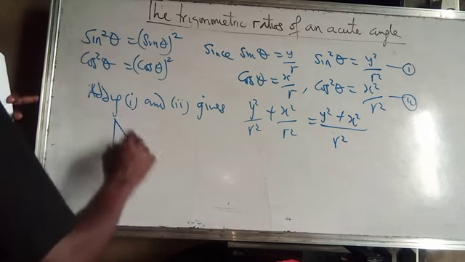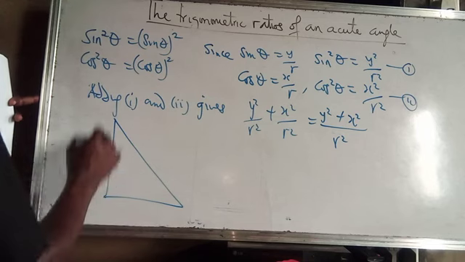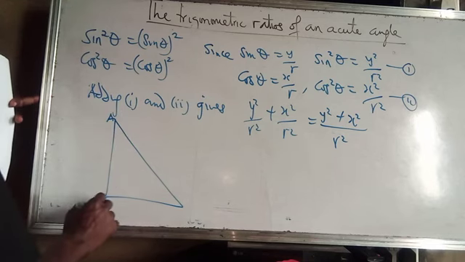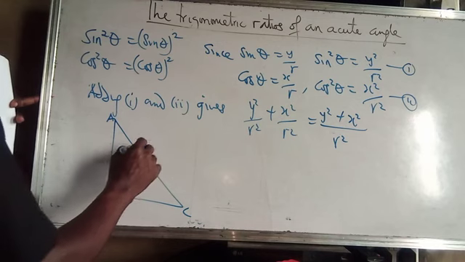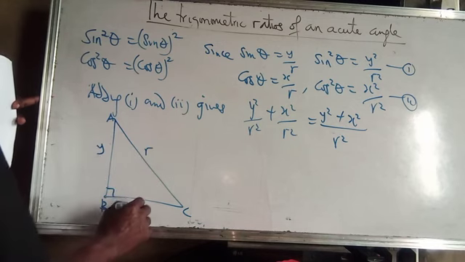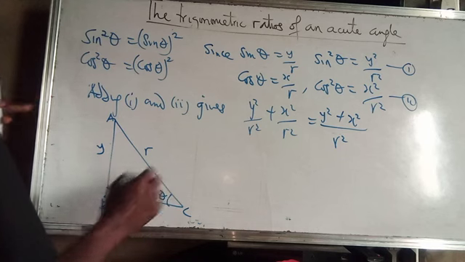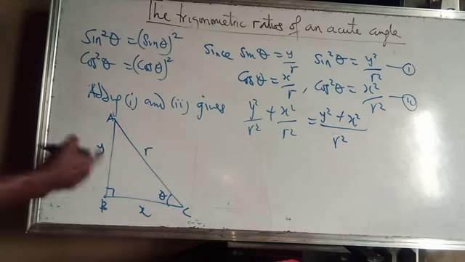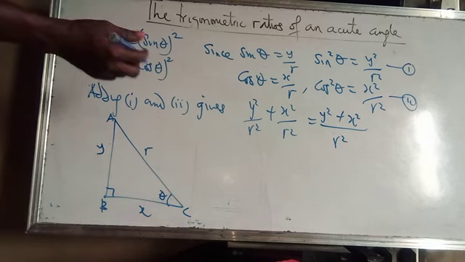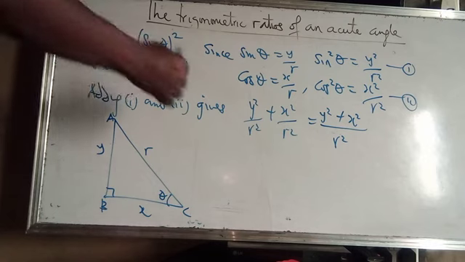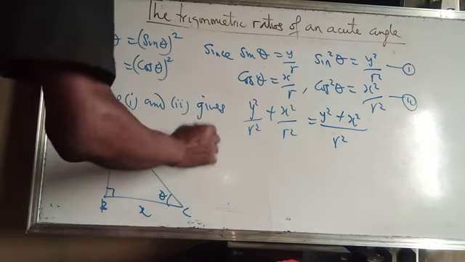In our previous right angle triangle ABC, we call this side r, this one y, this one x, and this angle theta. Now, any of these sides could be found using Pythagoras theorem. Let's call this one equation 3.